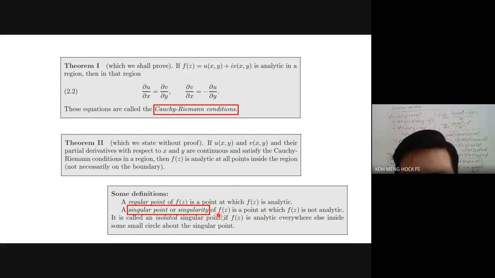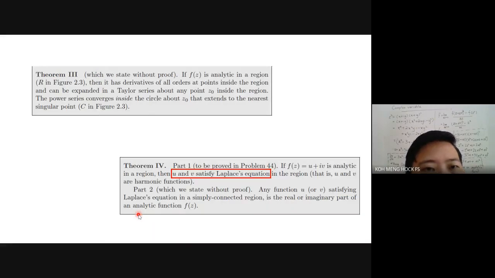It means at this point the function is not analytic. So a point where the function is not analytic, we call it a singular point. You will see this term a lot, especially when you talk about, I don't remember, black holes, I think. So now let's go to theorem number 3.